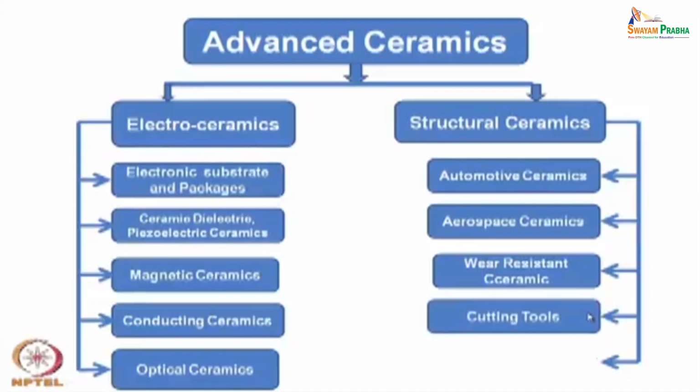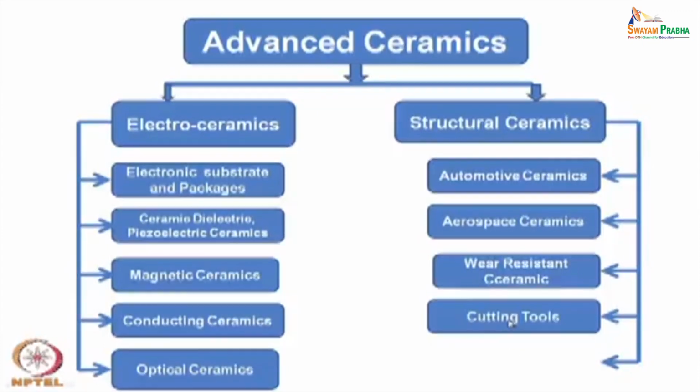Then you have cutting tools. Once again, the high temperature and high strength property, the thermomechanical property of ceramic materials, is exploited in making high performance, high speed cutting tools, because it generates very high temperatures at the cutting tip.